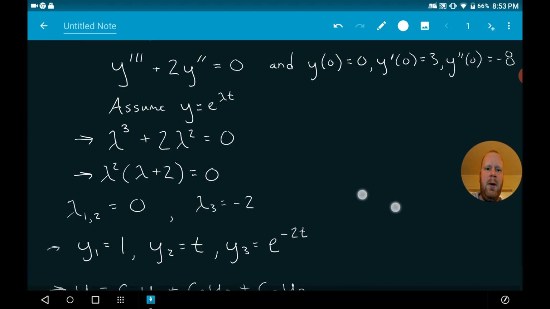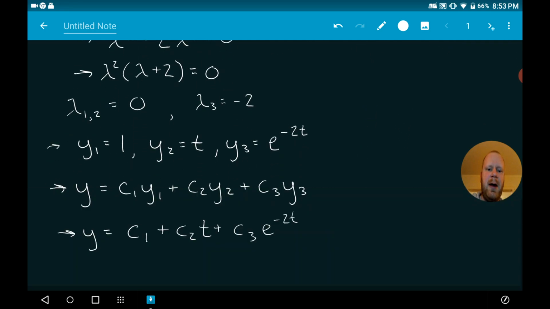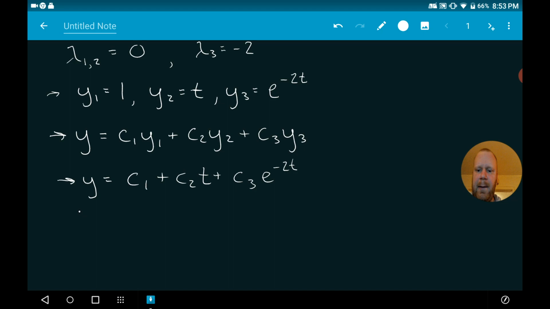I am going to do that here. So I'll say this is my general solution. And then from here on out, I'll be finding the unique solution.